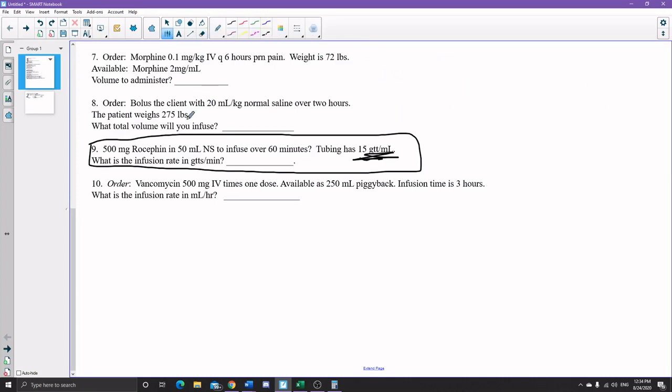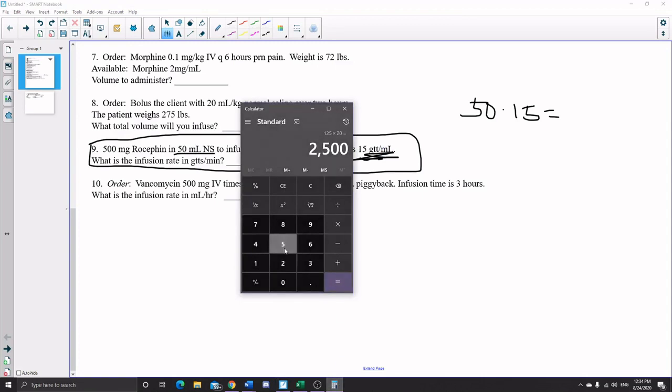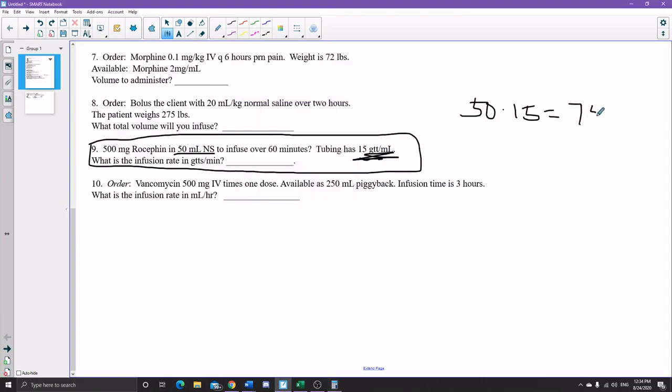So, I take this 50 milliliters and I multiply that with the 15 drops to see how many drops total there are over 60 minutes, okay? So 50 times 15, 750 GTT. And that's over 60 minutes.